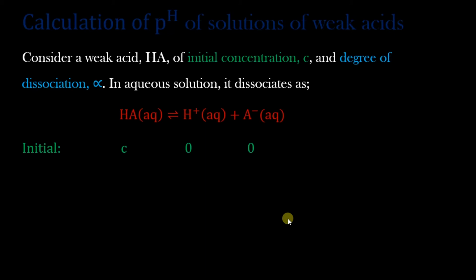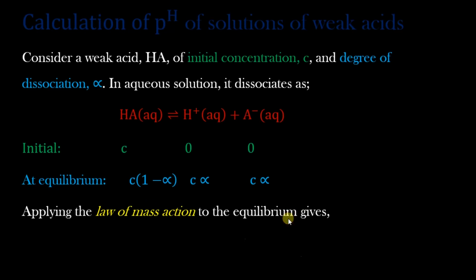So at equilibrium, we remain with C minus alpha C of the acid, which simplifies to C into 1 minus alpha. The hydrogen ions formed at equilibrium will be C alpha, as well as the anion, also C alpha, because they are produced in the ratio of 1 to 1.